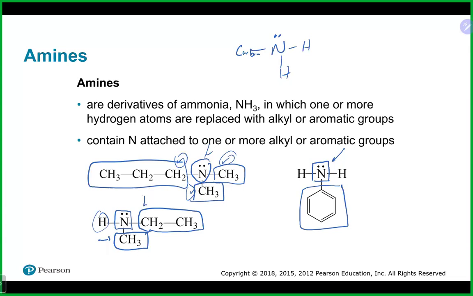If you have two carbon groups, you will have one hydrogen attached to that nitrogen. And if you have three carbon groups, you'll have no hydrogen. So this is the starting point of amines in terms of hydrogens attached to the nitrogen. And every time we put a carbon group on there, we're taking a hydrogen off and putting the carbon group in that location.